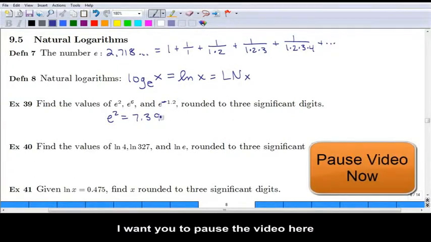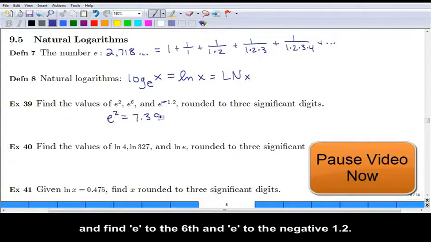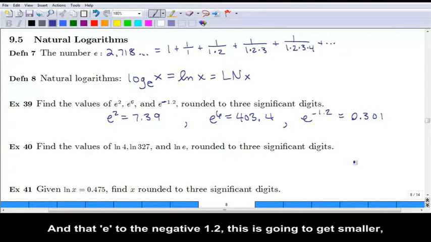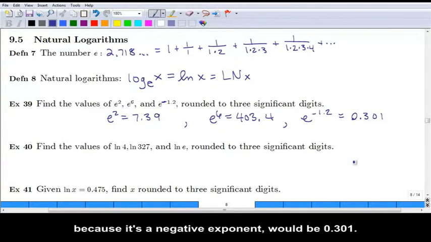I want you to pause the video here and find e to the 6th and e to the negative 1.2. So if you plug these into the calculator, you should have found that e to the 6th was 403.4, and that e to the negative 1.2, which is going to get smaller because it's a negative exponent, would be 0.301.